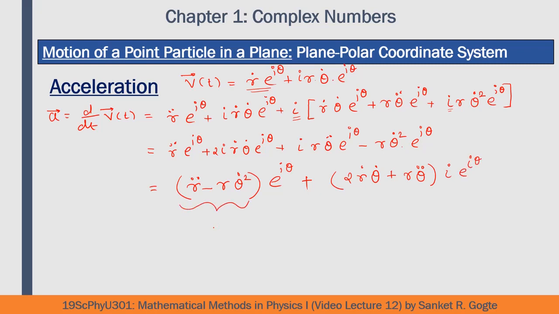This is the radial component and this is the tangential component. So what we have is r double dot minus r theta dot whole square e_r plus 2 r dot theta dot plus r theta double dot e_theta.